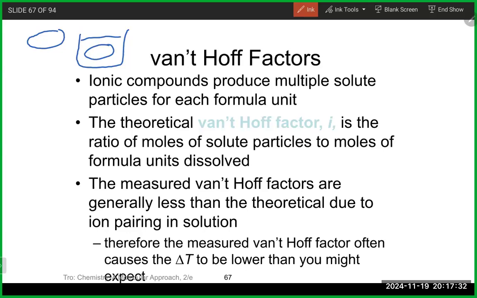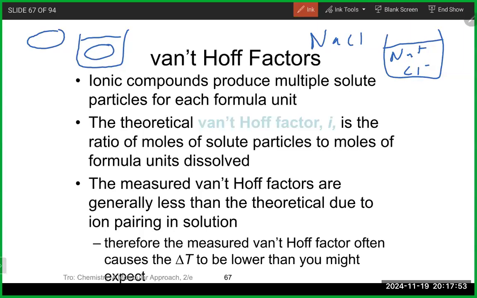Now, that is different than if you were to take an ionic compound like sodium chloride and toss it into water. You would actually get a sodium ion and a chloride ion. You would actually get 2 particles for every one that went for a swim.